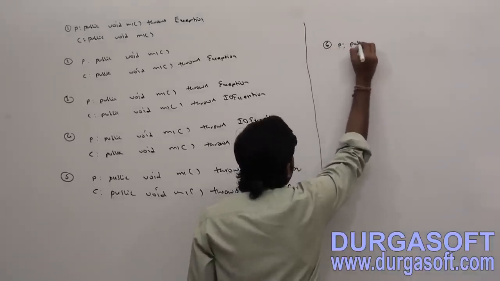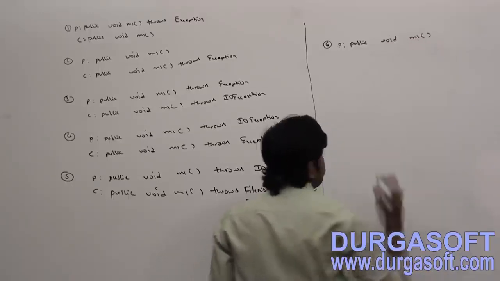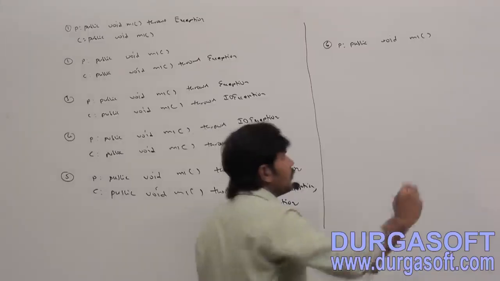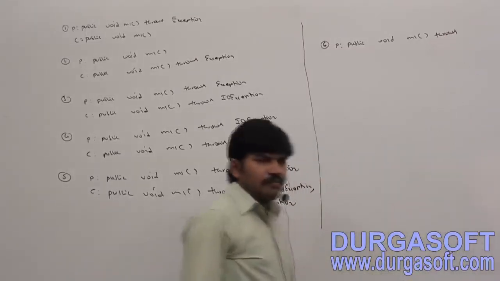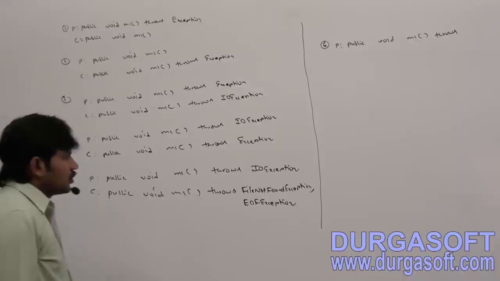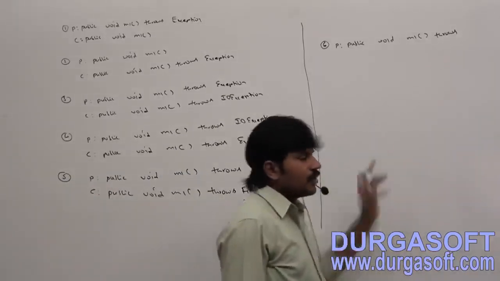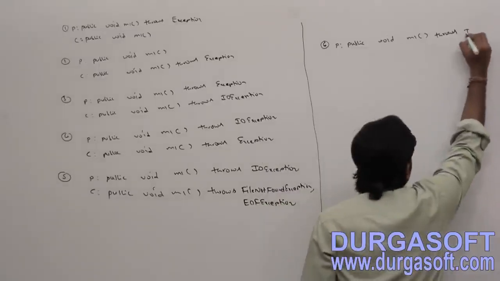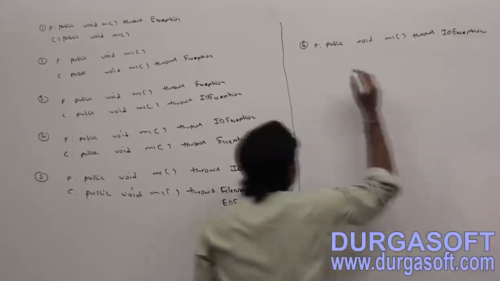Parent class method, public void M1 throws IOException. Take a bit of special care.